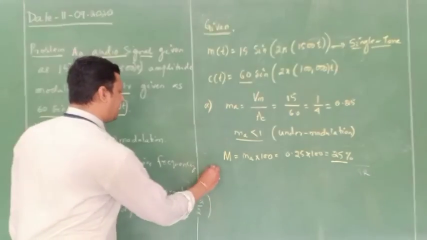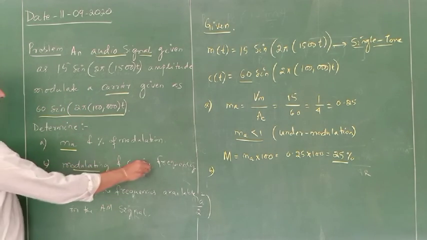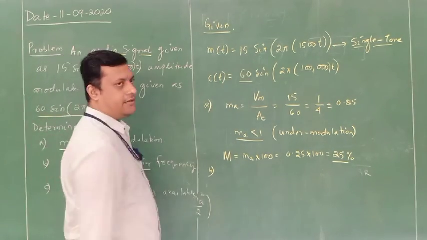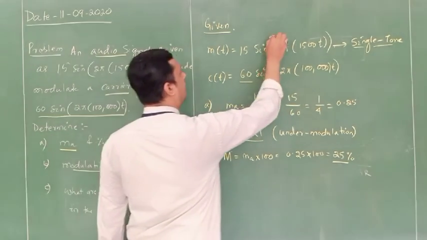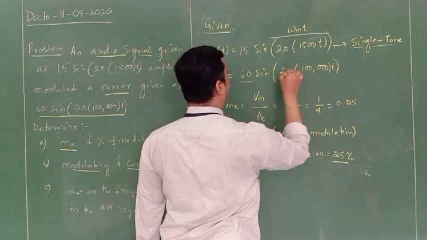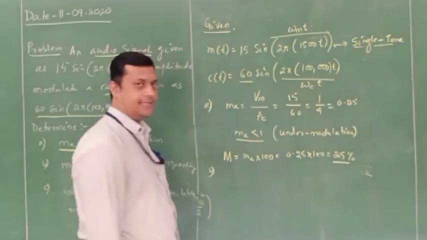Then part B. In part B, it asks about the modulating and carrier frequency. How will we identify? From this equation we can identify. Now this whole part you can write as omega m t, and this whole part you can write as omega c.